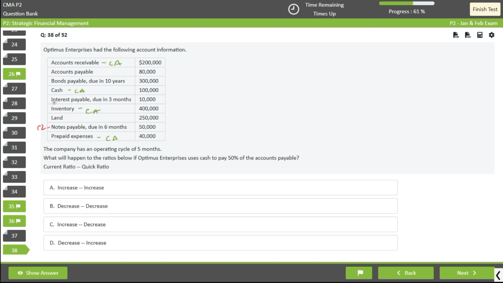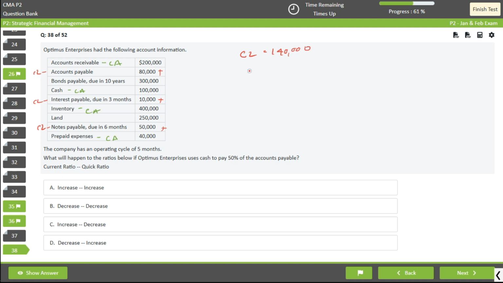Interest payable due in 3 months, that is your current liabilities. Bonds payable, no. Accounts payable is your current liability. So the current liabilities are 80,000 plus 10,000 plus 50,000, so the current liabilities are 140,000.